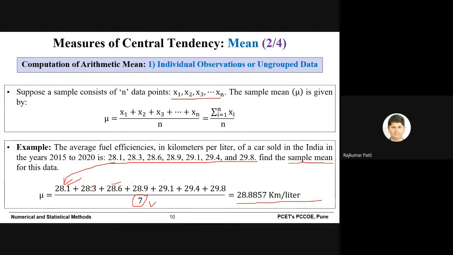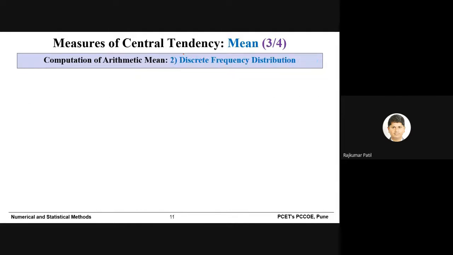When we get the value of mean, it is very essential to put its unit as well. So this is the first way to calculate the arithmetic mean when individual observations or ungrouped data are there. For example, the percentage that you calculate for your semester wise marks. That is also a case of individual observation.